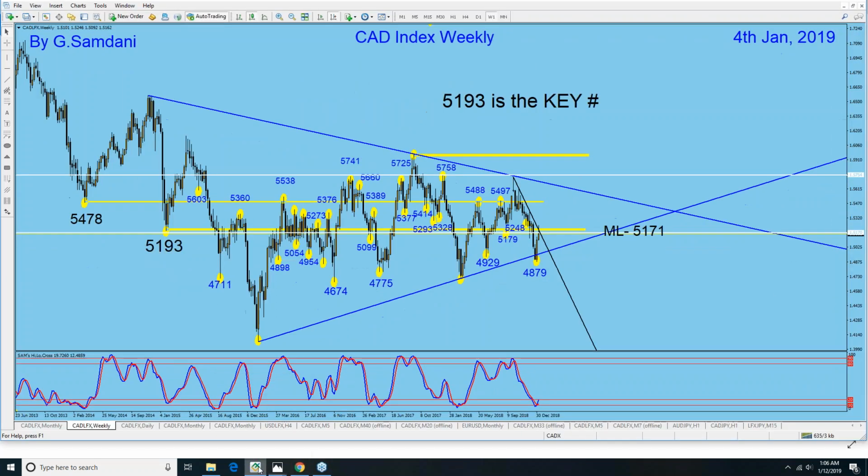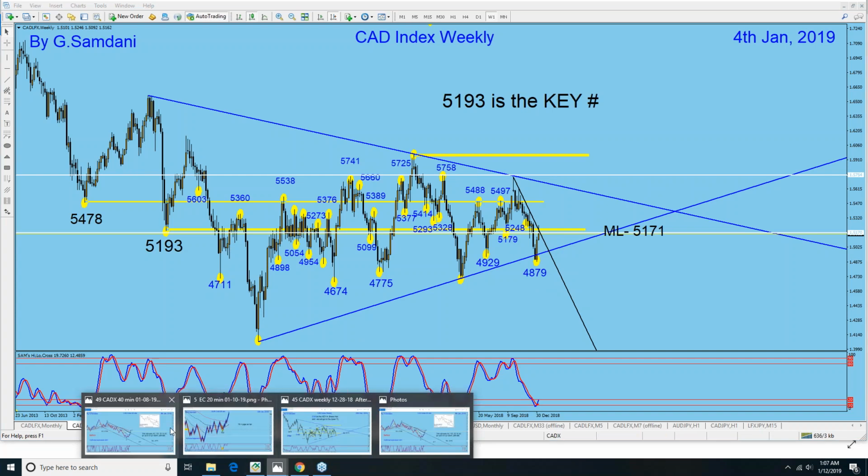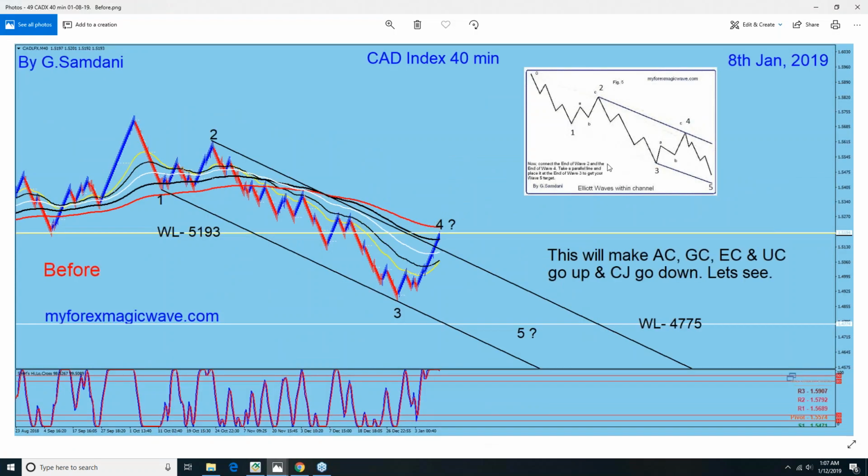For example, this is the current CAD index weekly chart. Same weekly chart, but see, from the TL it bounced and went up to 5193. That's where I made the chart a couple of days ago, and I even posted it on Twitter. CAD index is going down again, bouncing from here at 5193, and it looks like wave 4.